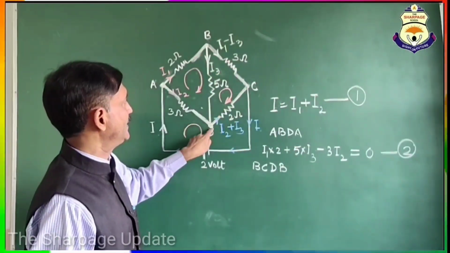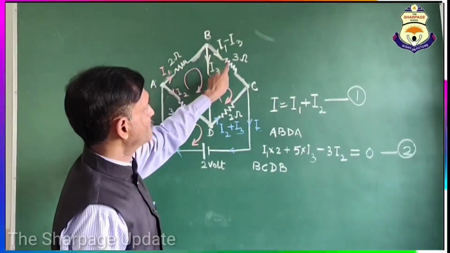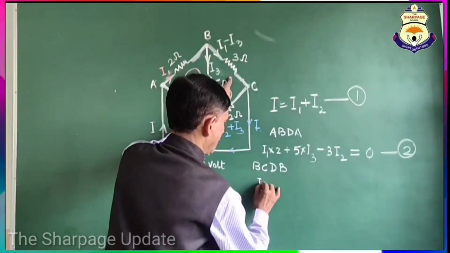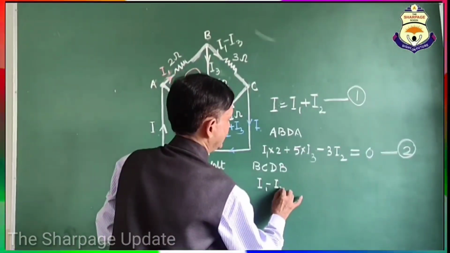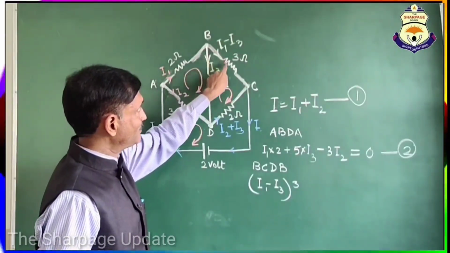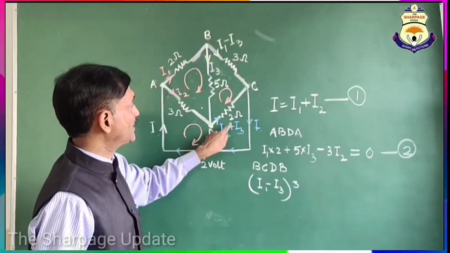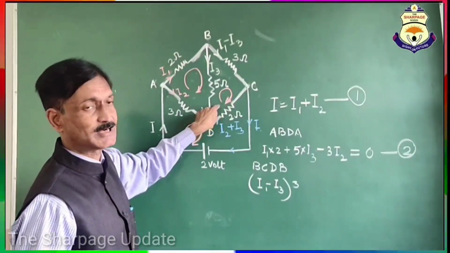Next, B, C, D, B. According to Kirchhoff's voltage law, I1 minus I3 into 3, because I1 minus I3 is in the direction of this current, and I2 plus I3 is opposite to the direction of this current.